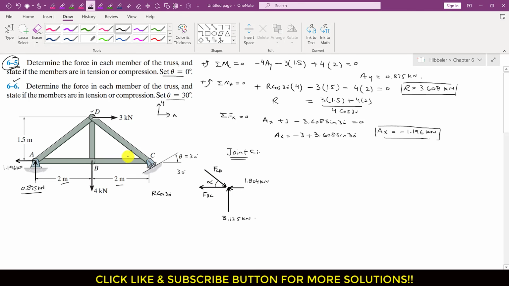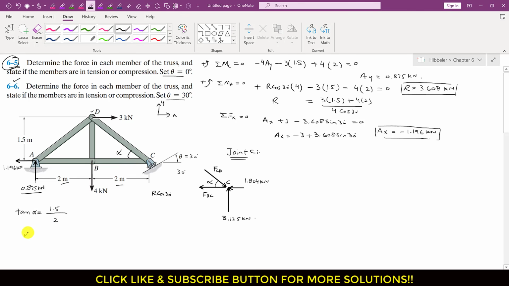So we need to find this angle alpha. And this is the free body diagram of joint C. So first we have to find this alpha angle. To find alpha, we apply tan alpha to this BCD triangle. According to this, tan alpha will be perpendicular, which is 1.5, divided by the base, which is 2.